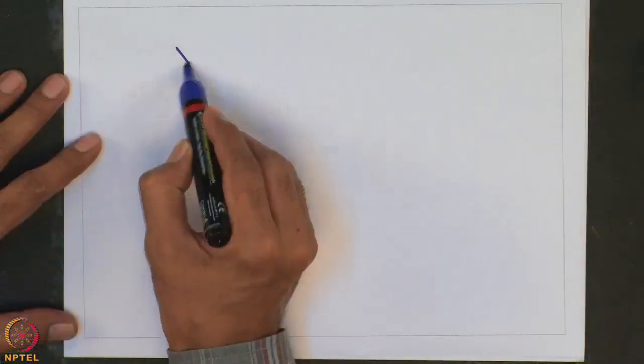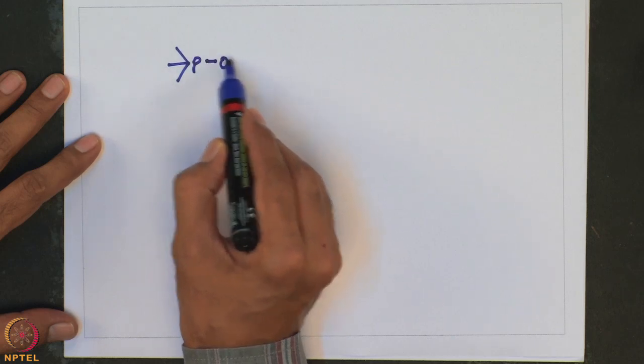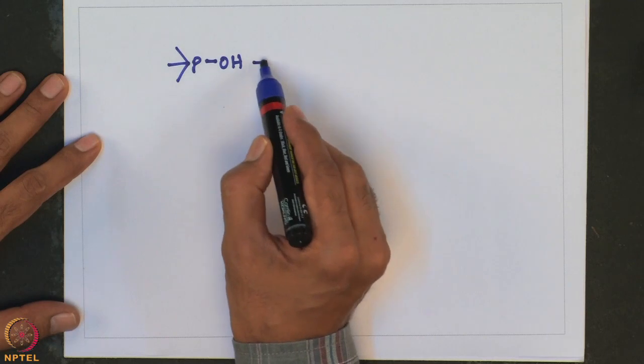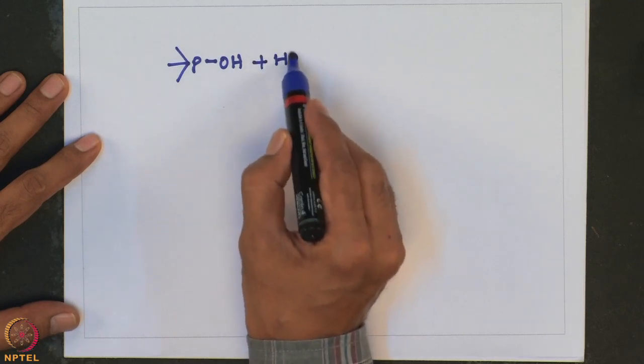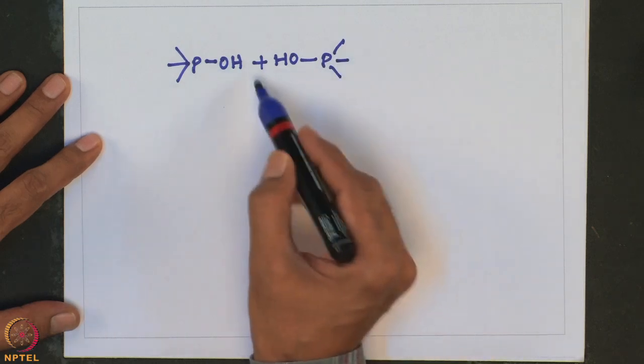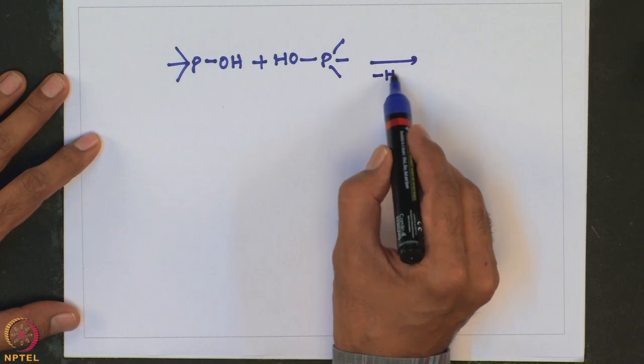Of course, these reactions can be represented in a simple way. For example, one can write something like this, and another one, and essentially here condensation takes place through the elimination of water molecule.